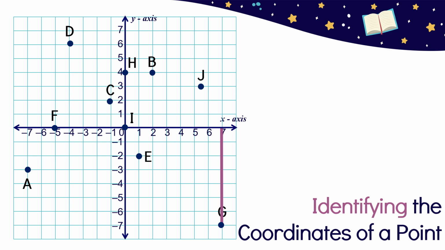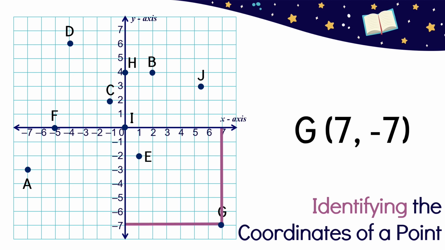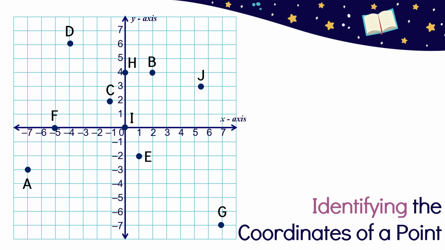For point G, we have 7 for the first coordinate, and then we have -7. So therefore, we have the coordinates 7, -7. How about point H? Now, it lies along the y-axis. So this time, the x-coordinate will be 0, and the value of the y-coordinate is, correct, 4. So we have the coordinates of H as 0, 4.